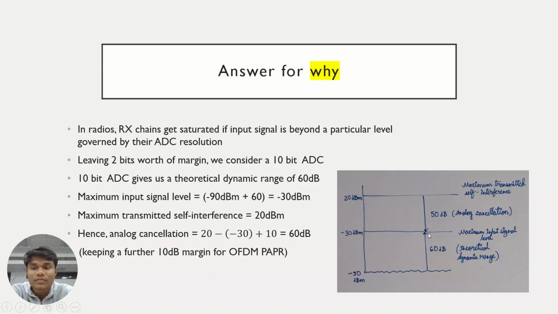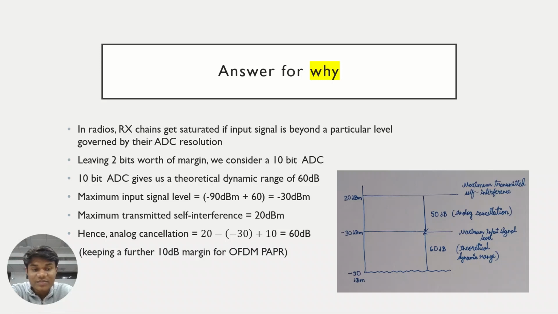Now, what we want to do is cancel the extra part that might cause the radio to saturate. And how much is that extra part? That is this much, which is 20 minus of minus 30, which gives us 50 dB. So this is the amount of part that we need to cancel.